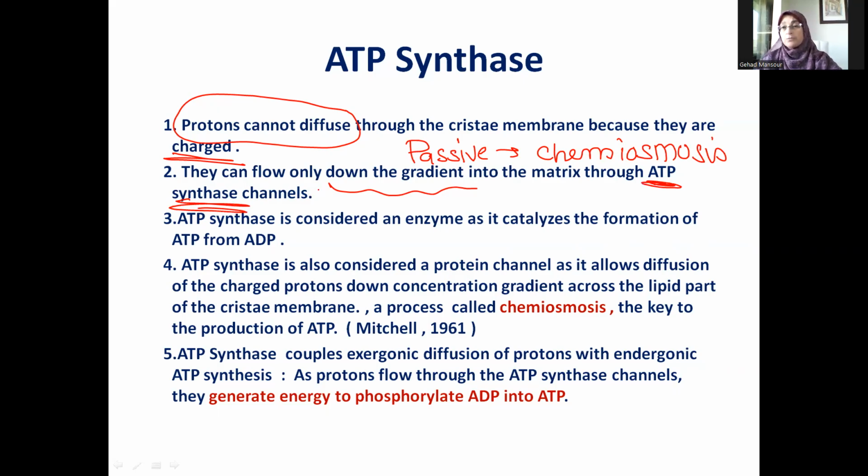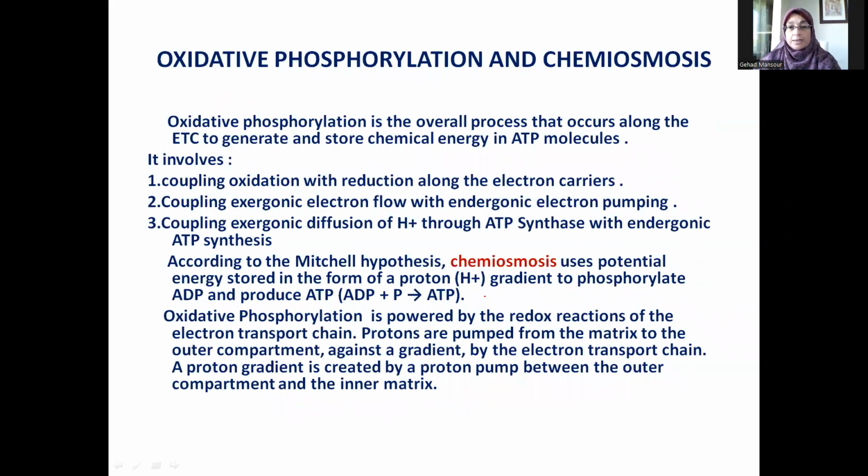They can flow down the gradient through ATP synthase in a process called chemiosmosis, and this will result in the direct phosphorylation of ADP into ATP. And here we are repeating what I said on the screen when we talked about the three couplings that occur: coupling oxidation with reduction, exergonic with endergonic, and finally here we have coupled oxidation and phosphorylation.